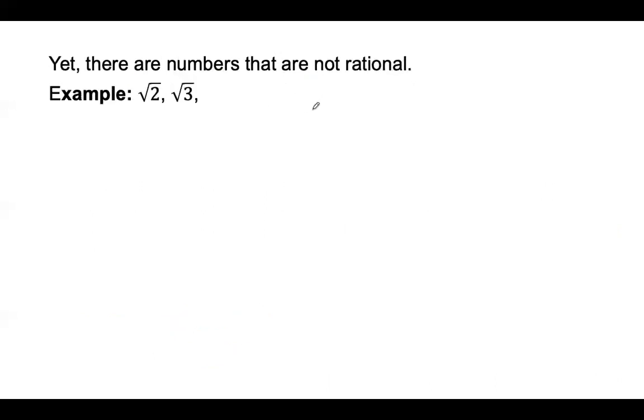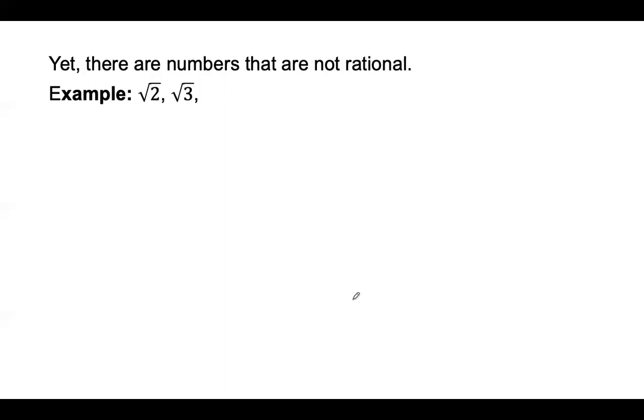Now there are these numbers that are not rational. There's an interesting proof in this textbook in chapter 0, showing how the square root of 2 is not a rational number. I wouldn't say it's beyond the scope of this course, but it's a little time consuming, and it's in the textbook so you can read it.